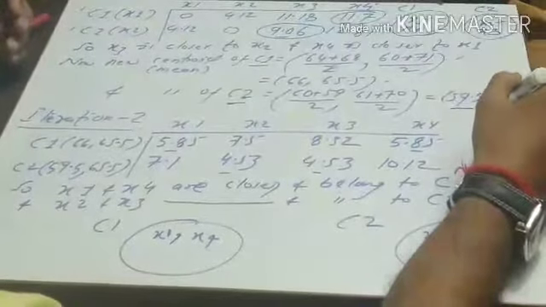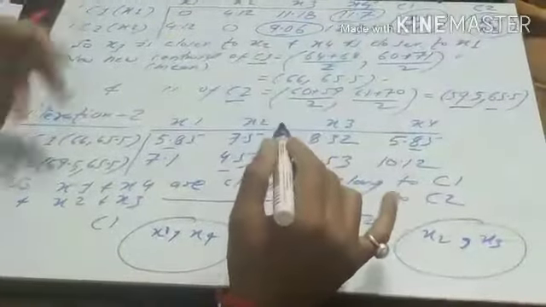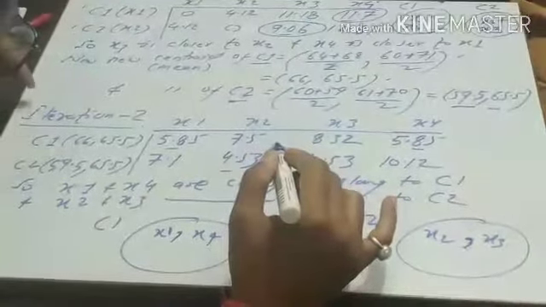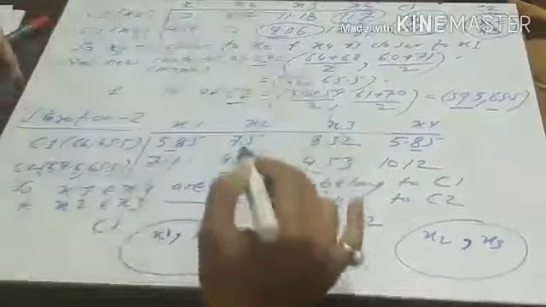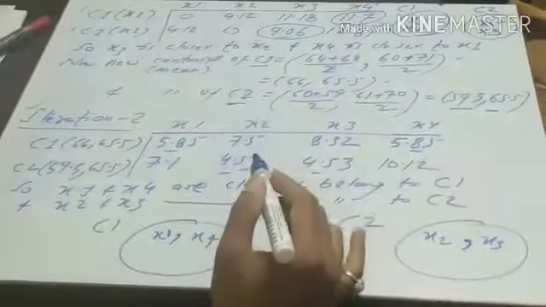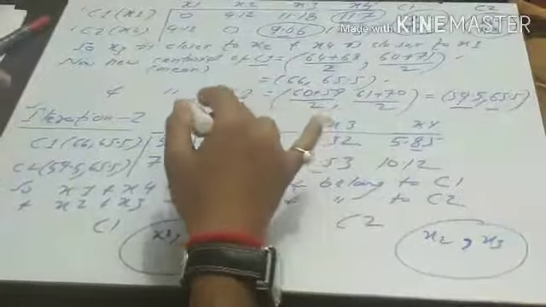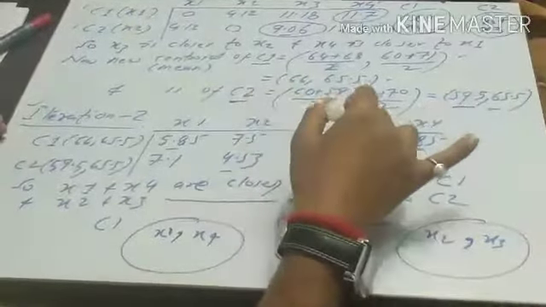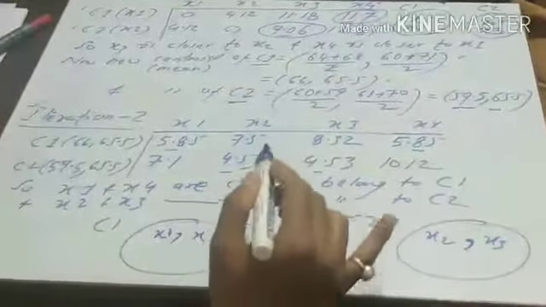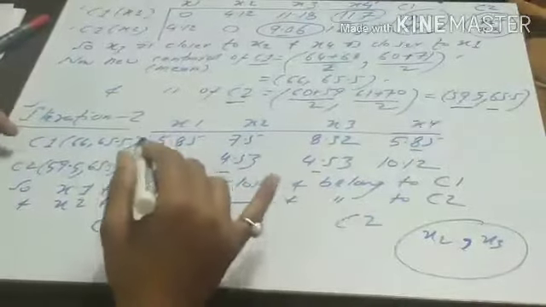59.5 and 65.5. Now we proceed to iteration number 2, and similarly we calculate the distance between x1, x2, x3 and x4 and the centroids of C1 and C2.